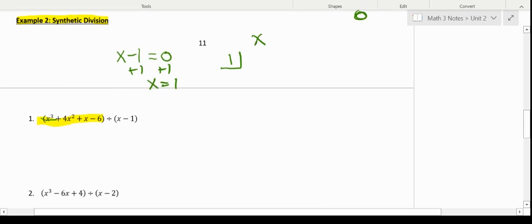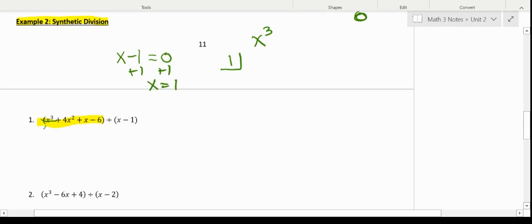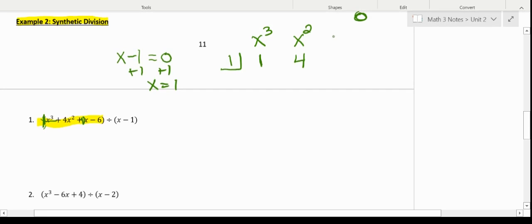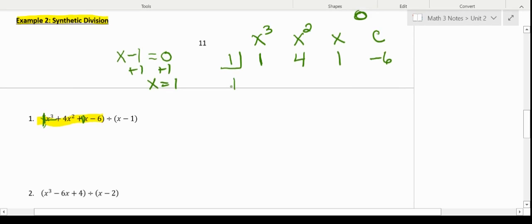So for my x to the third, the coefficient is a 1. For my x to the second, my coefficient is a 4. For my x to the 1, my coefficient is a 1. And for my constant, I like to put a c for constant. That's negative 6.